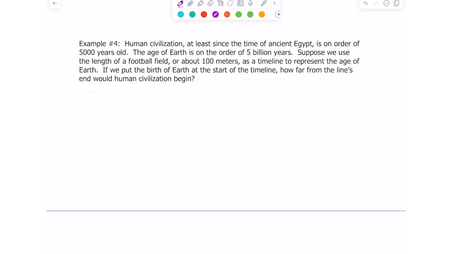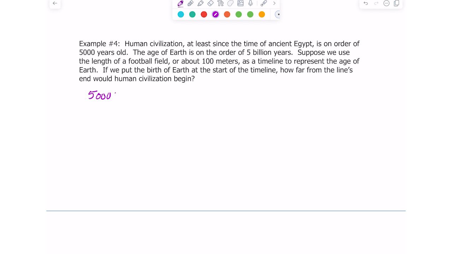So the first thing I'm going to do is I need to take the age of the Earth, and I'm going to compare that to the human civilization age, right? So what part of the age of the Earth is the human civilization age?